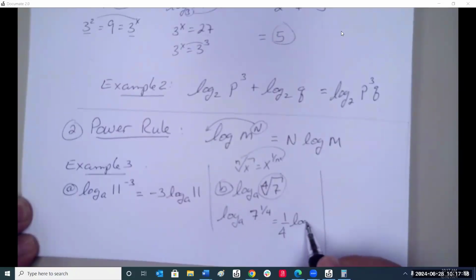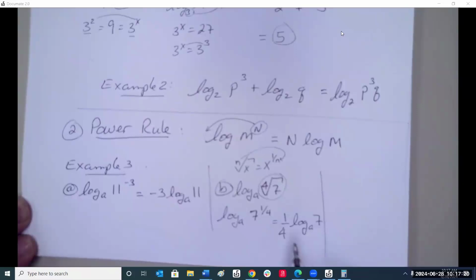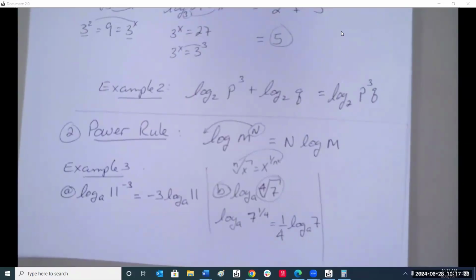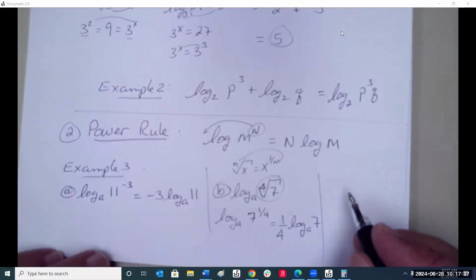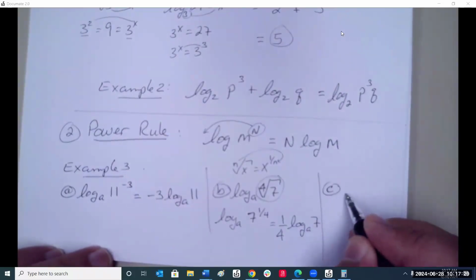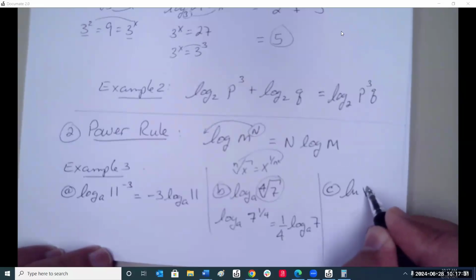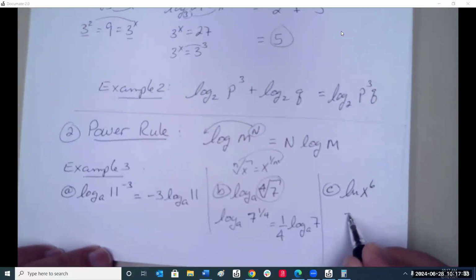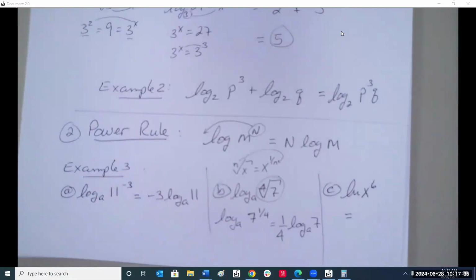So it's 1/4 log base a of 7. ln x to the 6.